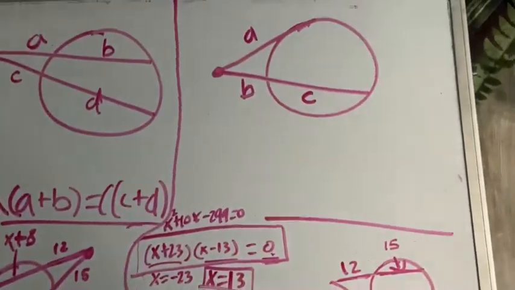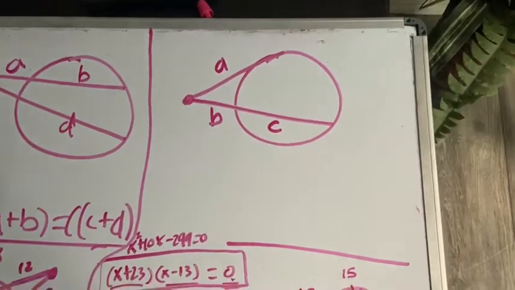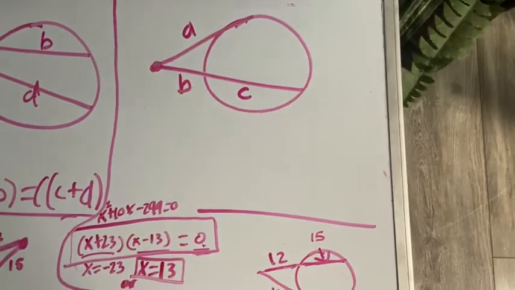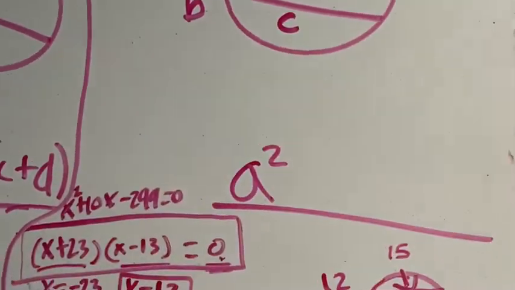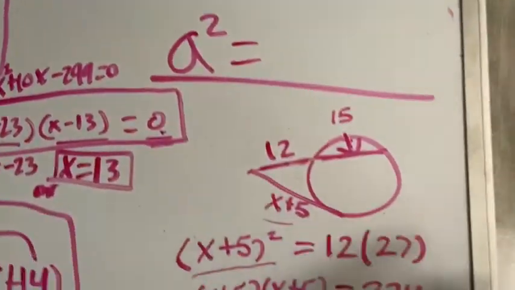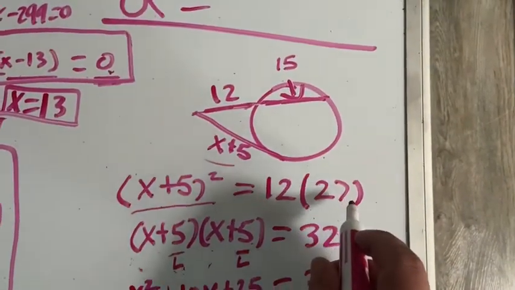So, rule of thumb, when we're dealing with this example, square the value of the tangent line. So what's our tangent line here? It's A. So we're going to square A. And then we're going to set this equal to, what did we set this equal to here? We set it equal to 12 times 27.